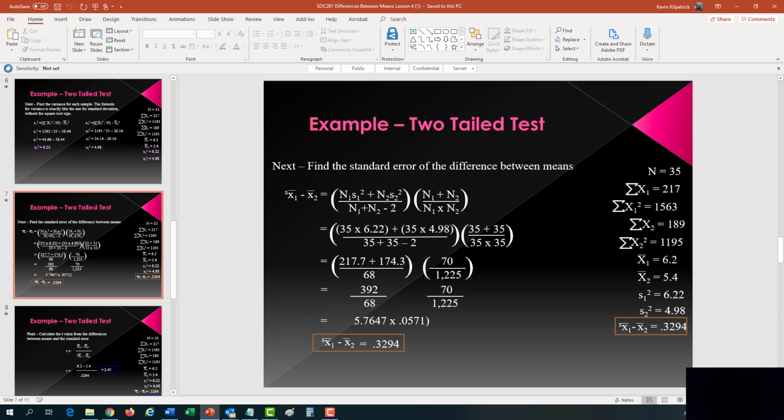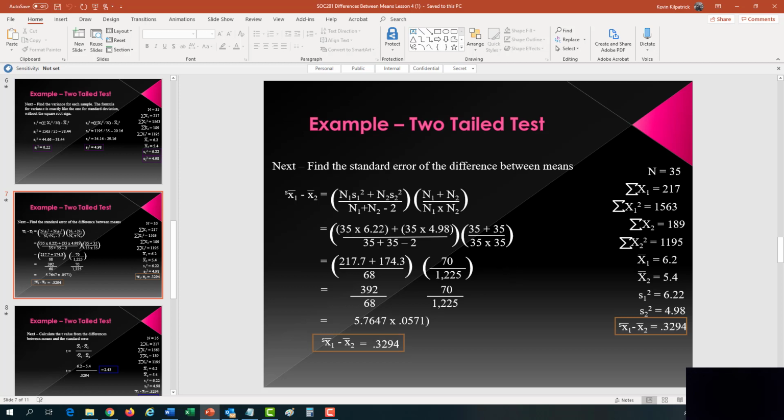In this part of the problem, you are multiplying the n times the variance. So the variance of the first group that we just calculated is 6.22, so the n times that. The variance of the second group we just calculated is 4.98. And then we just have a whole bunch of 35s.